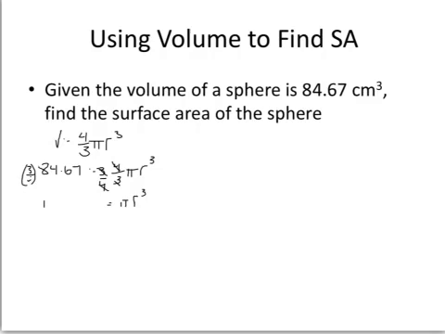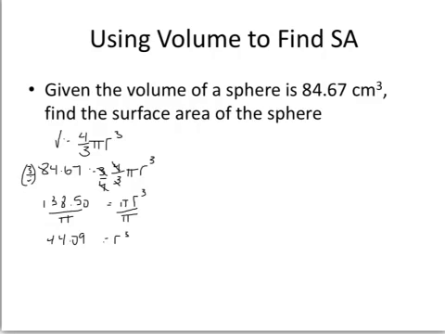And that'll be 138.50. Now we need to divide by our pi, and so we get r cubed is equal to 44.09.